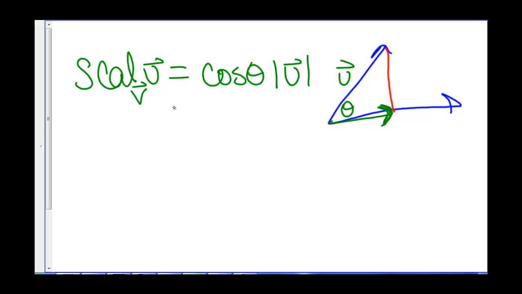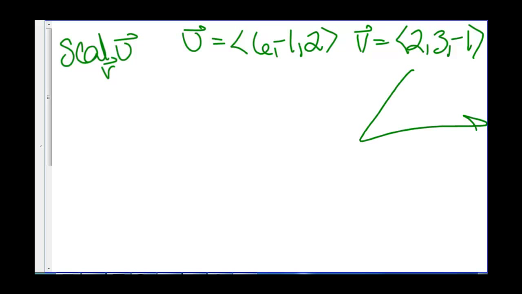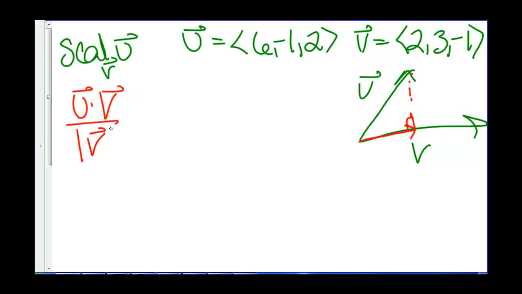And with some algebra, we can write this as u dot v over the length of v. So the scalar component of u onto v, the length of this vector, is u dot v divided by the length of v.